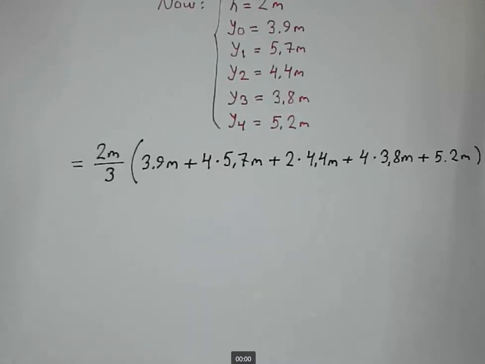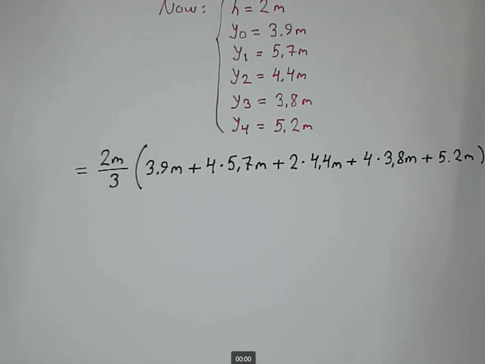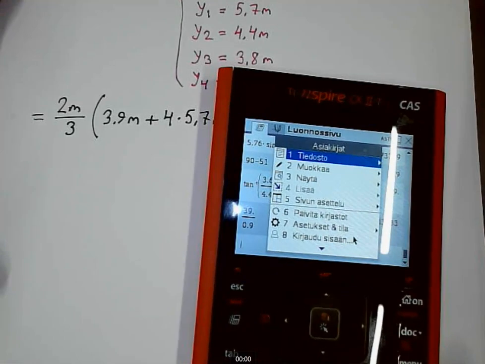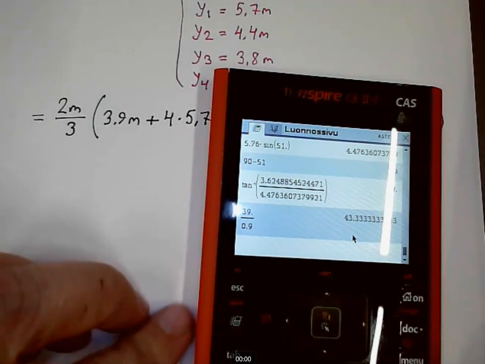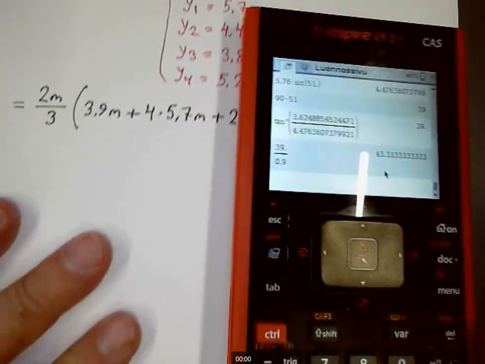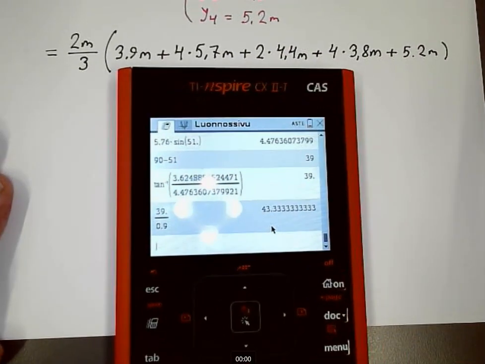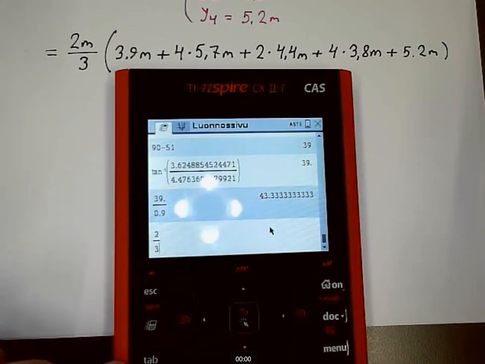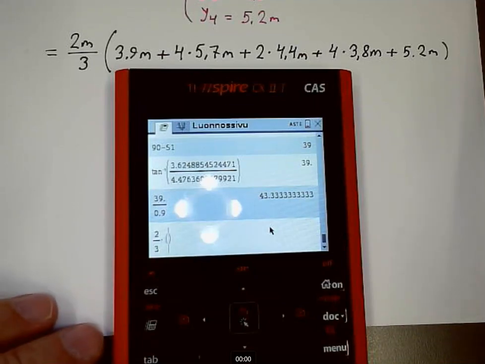I will use the other calculator. You may see the process there better, or maybe not. Yes, I think you may see that here. I will calculate this in one part only.